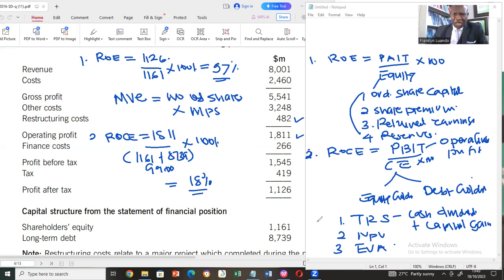So which means you add 482 plus 1811, divided by 9900, multiplied by 100%. This will be 23%. So it is within the same range.